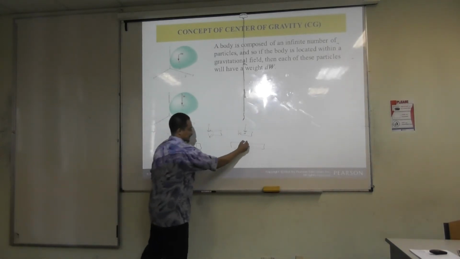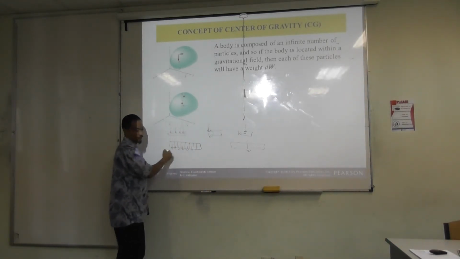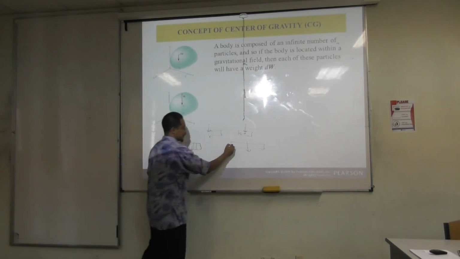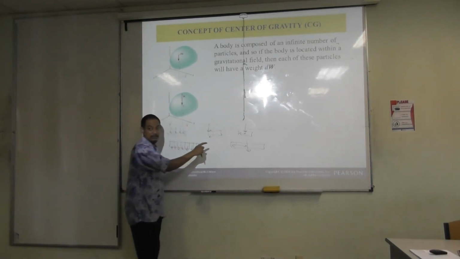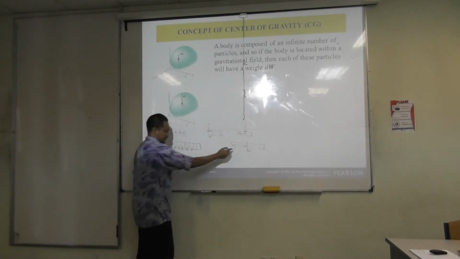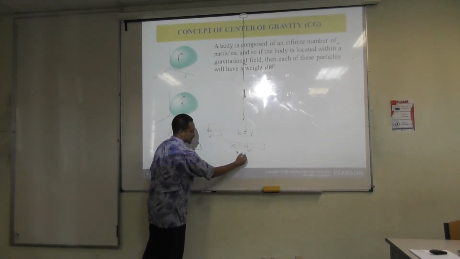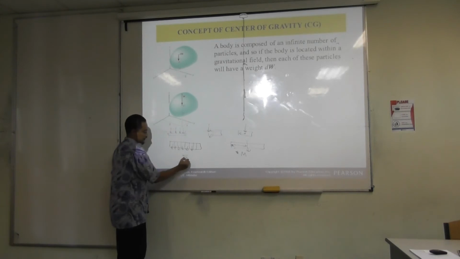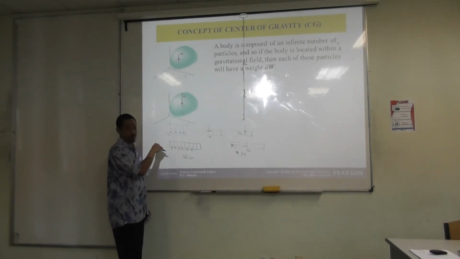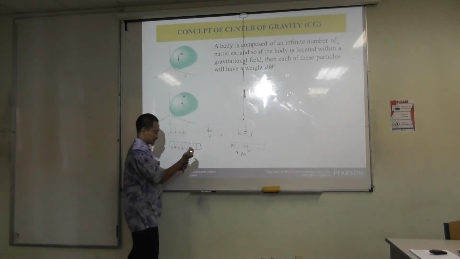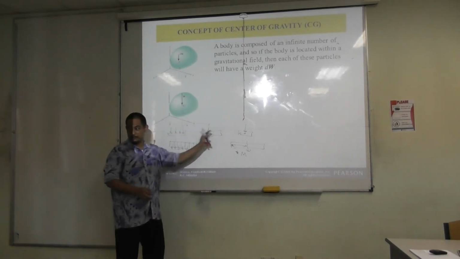The equivalent is the total, the summation of all the weight. The location can be calculated by the same concept here. Meaning because this moment with this one should be equal to the summation of moment of everything here, like what we have done in chapter 4. Right? So that's how. You understand this idea?